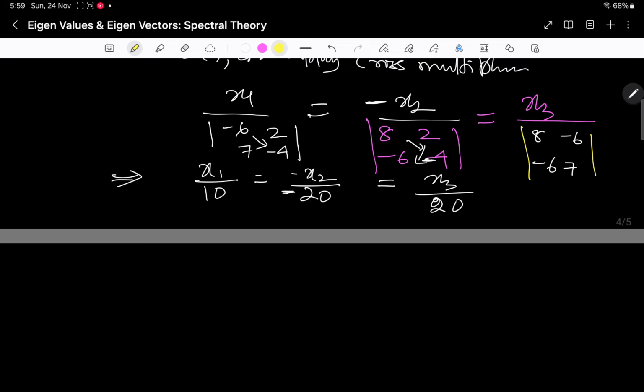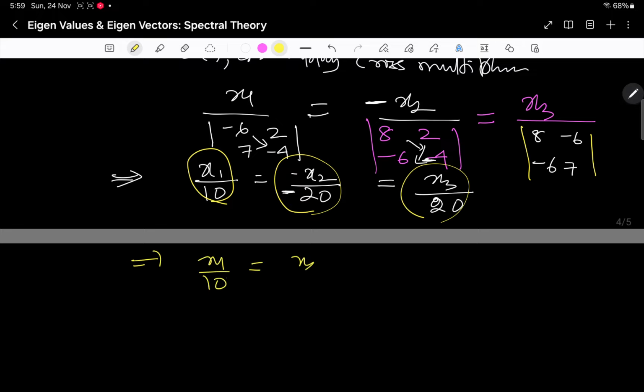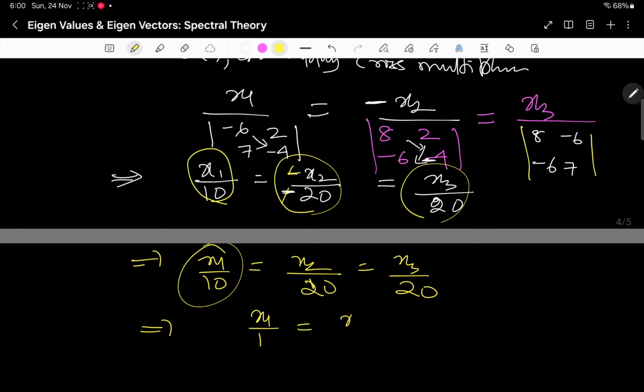You see, these are now proportional, so that means x1 by 10 is equal to x2 by 20, minus cancels here, is equal to x3 by 20. Since these are proportional, I divide by 10 throughout, okay? So I write it x1 by 1 is equal to x2 by 2 is equal to x3 by 3.